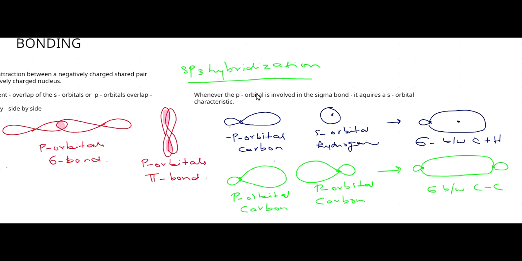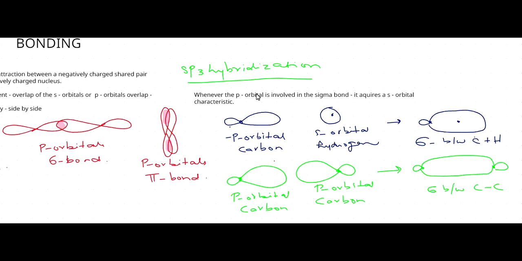Now, what actually happens is that there can be various types of mixing. But for example, this is just an example, in one situation one s orbital can mix with three p orbitals. I don't want to say overlap, this is simply mixing.